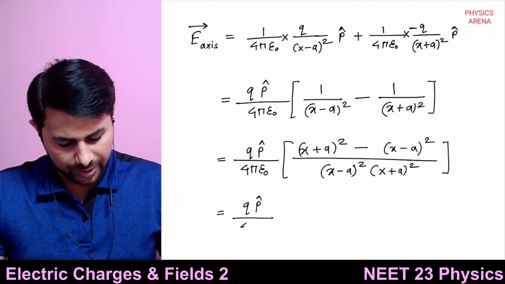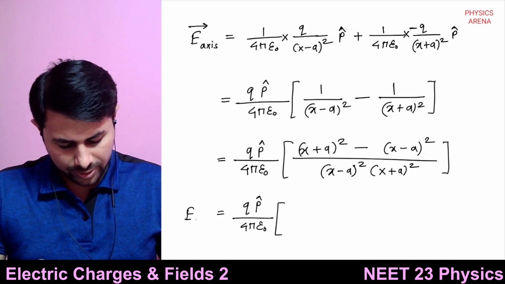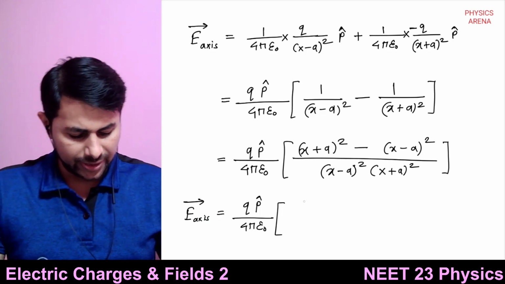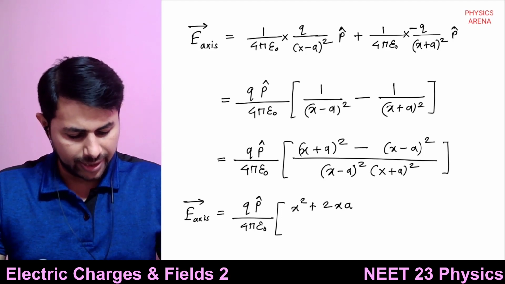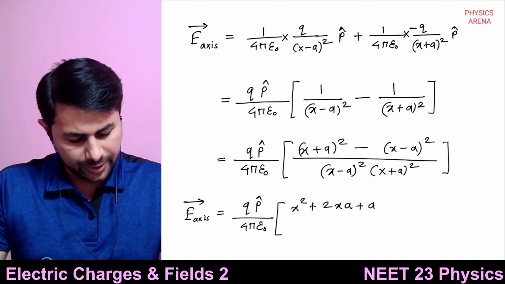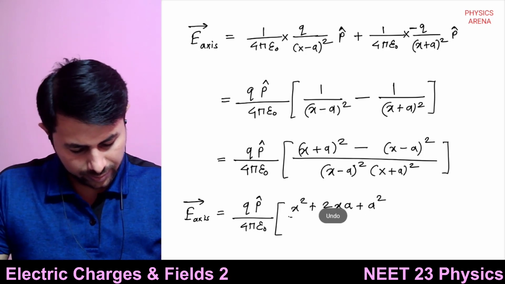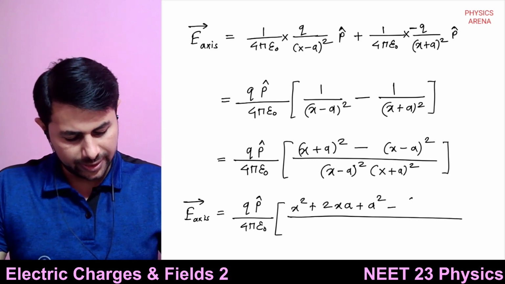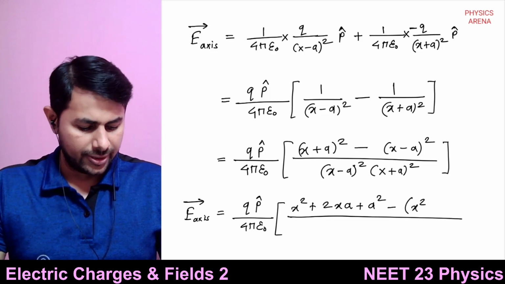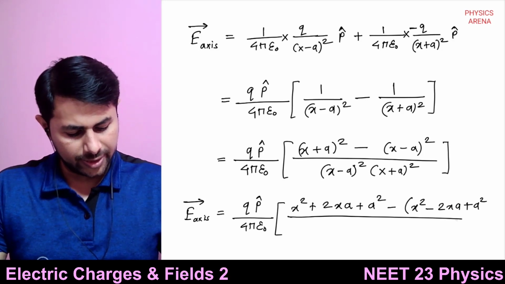q p cap divided by 4 pi epsilon naught. So this is E axis. So x plus a square is x square plus 2 times x multiplied by a plus a square. Okay, and x minus a square is x square minus 2 times xa plus a square.